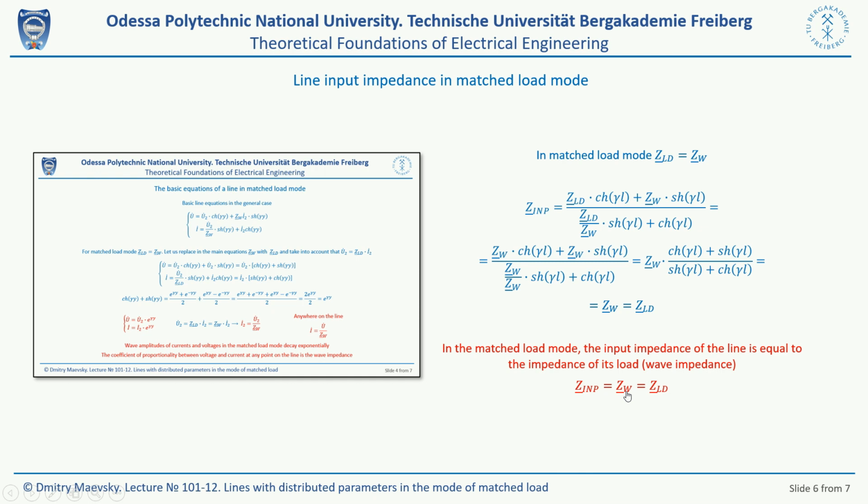This, in general, was to be expected. After all, a little earlier, on slide number 4, look at this slide, we learned that at any point of the line, or everywhere in the line, as we wrote earlier, the proportionality factor between current and voltage is the wave impedance.